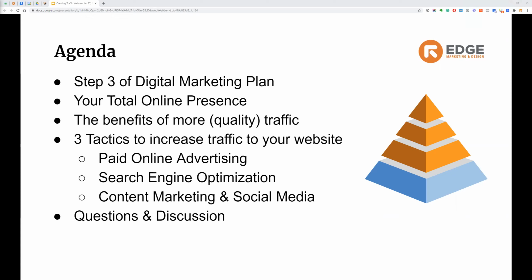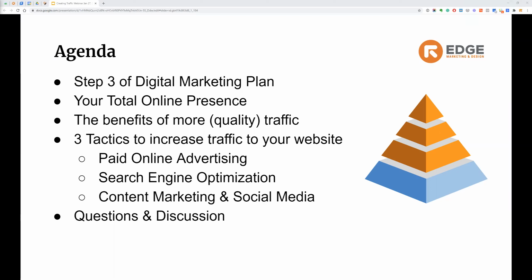We're going to talk about your total online presence, because besides the website, there are other areas you need to pay attention to as well. And why do we want more traffic to our website? We'll talk about that a little bit. But the main part of the presentation is about three tactics, or three things you can do to really increase the traffic to your site.